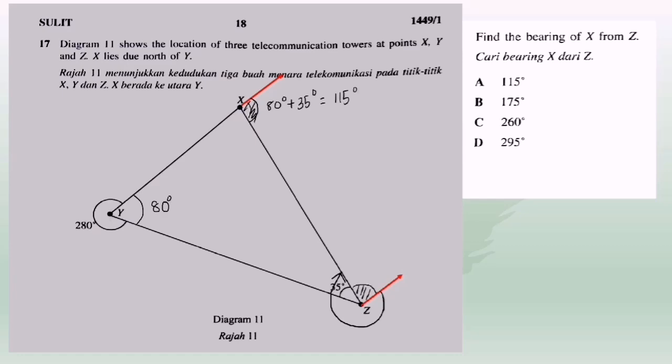And this interior angle, to find this angle, 180 minus 115 equals 65 degrees. So now we need to find the bearing of S from Z. So this angle, 360 degrees minus 65 degrees equals 295 degrees. So the answer is D.